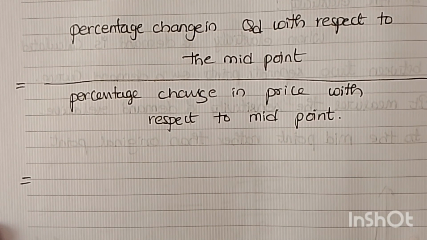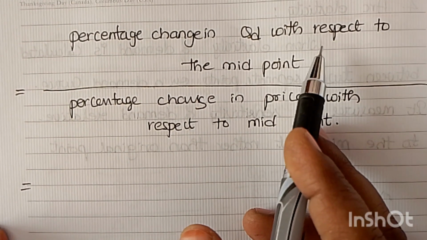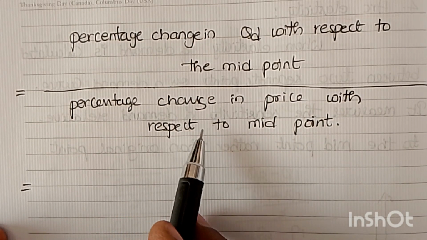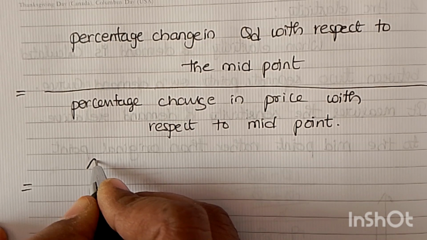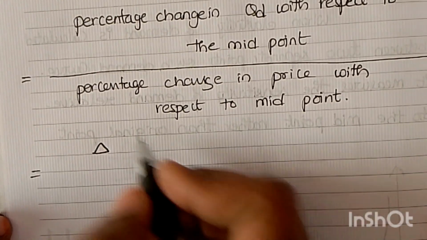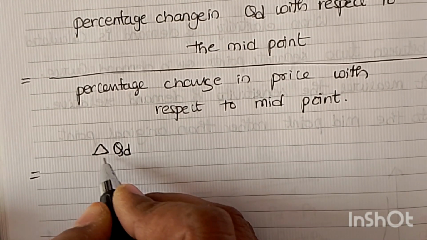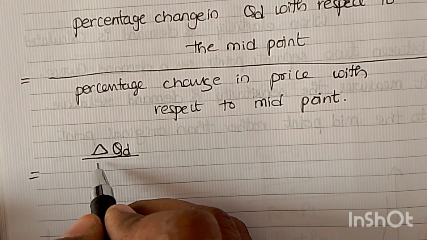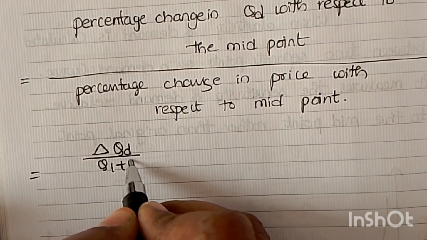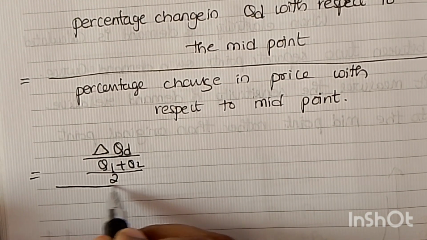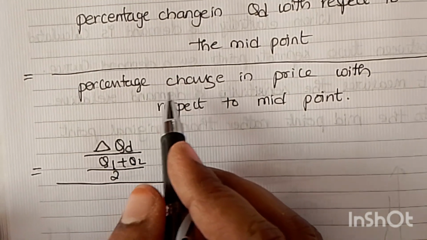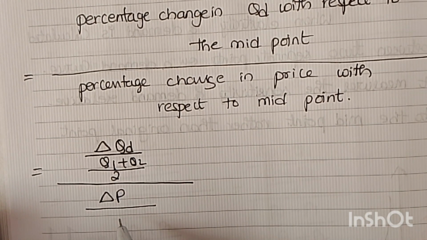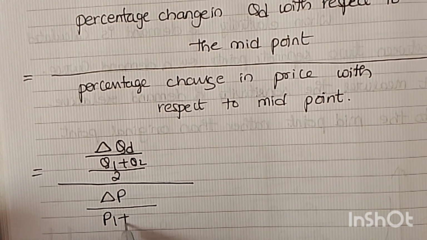Suppose before the change, quantity of demand is Q1, after the change quantity of demand is Q2, before the change in price is P1, after the change in price is P2. So here we can represent the change in quantity of demand as delta Q by the midpoint, midpoint means Q1 plus Q2 by 2. This is the midpoint for quantity of demand, whole by percentage change in price, that is delta P by the midpoint of price, that is P1 plus P2 by 2.